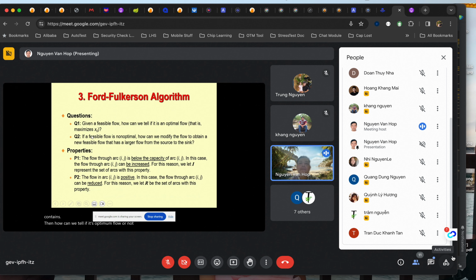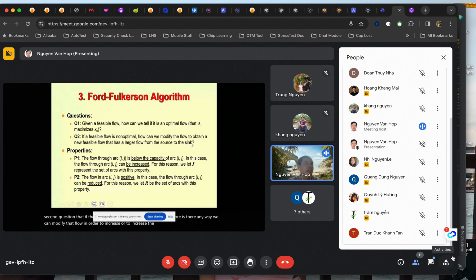The second question: if there is a feasible flow that is non-optimal, is there any way we can modify that flow in order to increase the flow from the source to the sink node in order to maximize this?